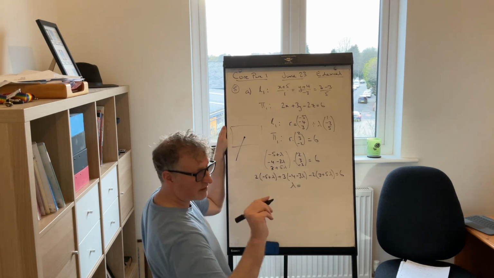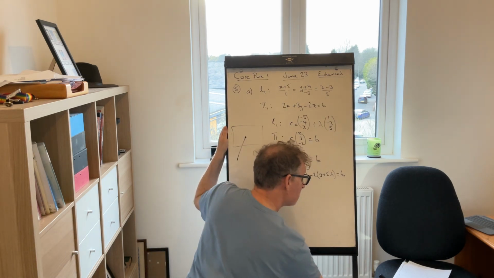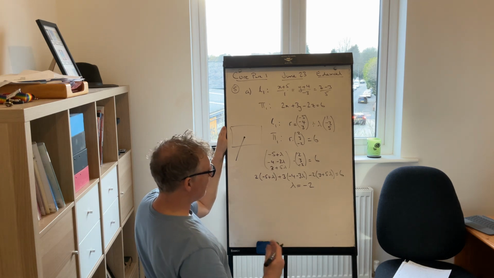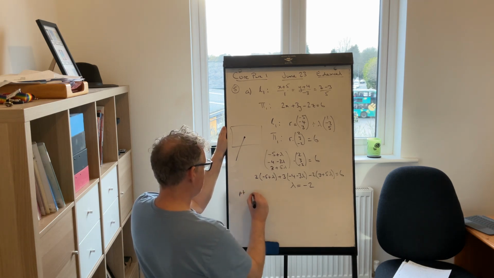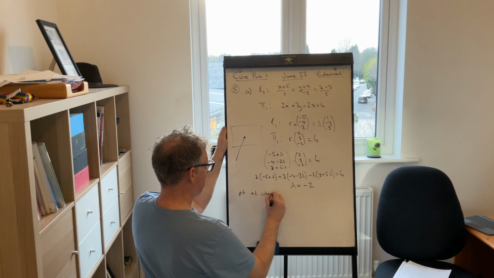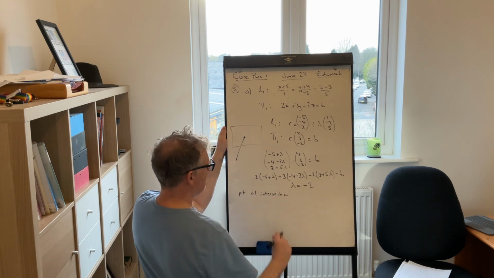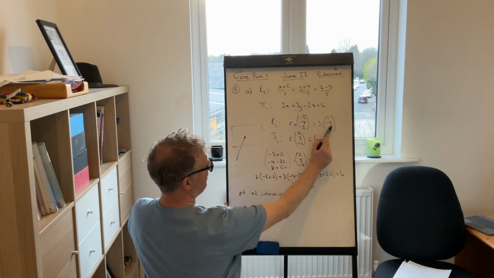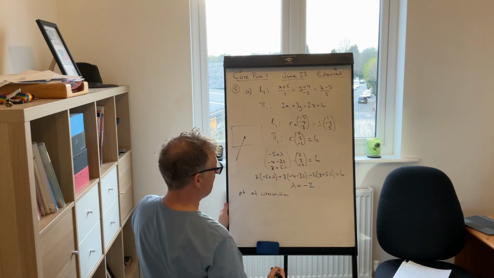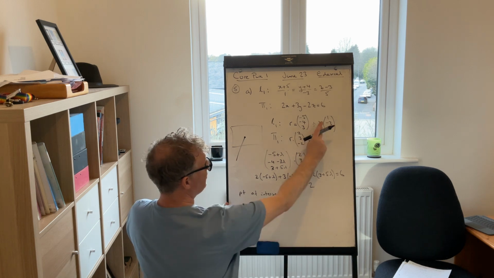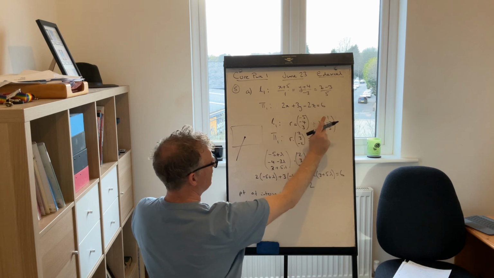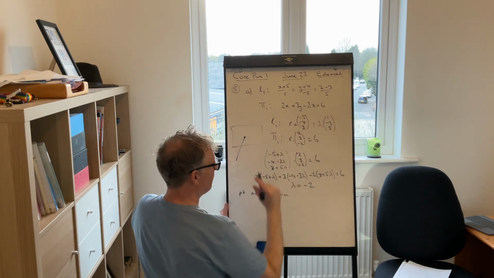And then all you need to do is work through that and get your value of lambda. To save us some time, I did that earlier. I got lambda equals minus 2. So now for my point of intersection, I can just plug that minus 2 into the line equation: minus 5 plus minus 2 times 1, minus 4 plus minus 2 times minus 3, and so on, and we get our point.